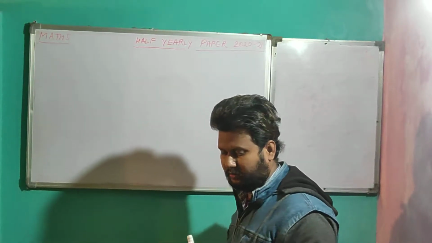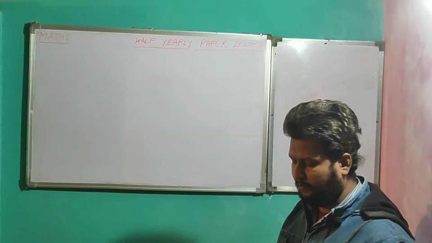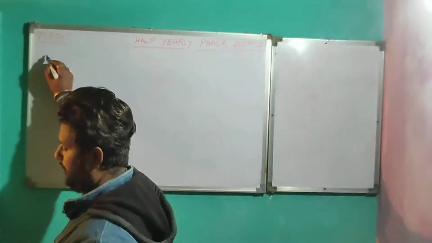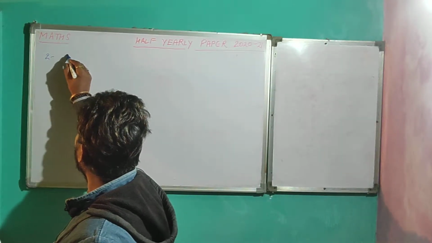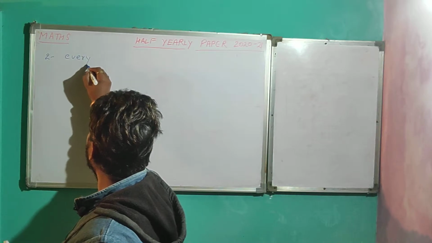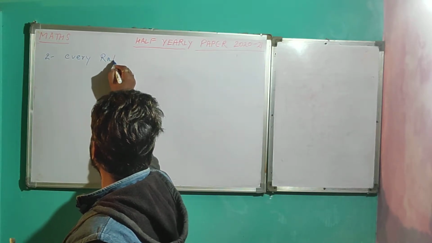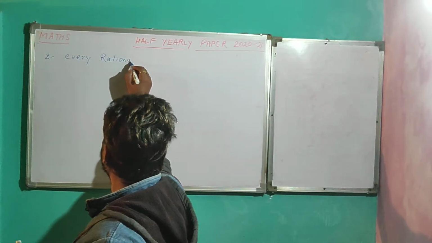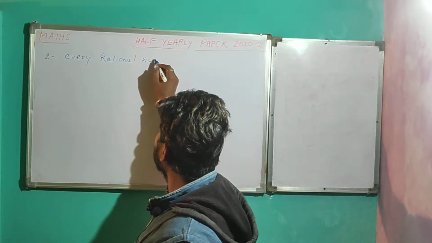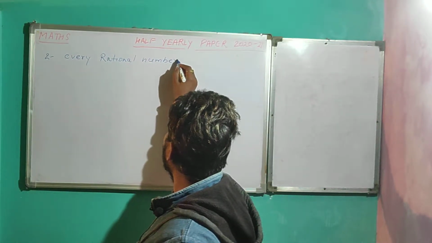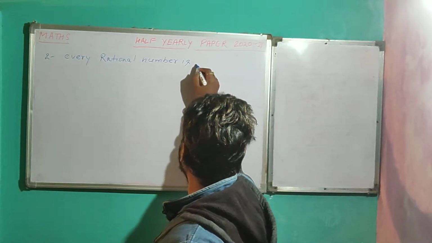Question number 2. Every rational number is dash.